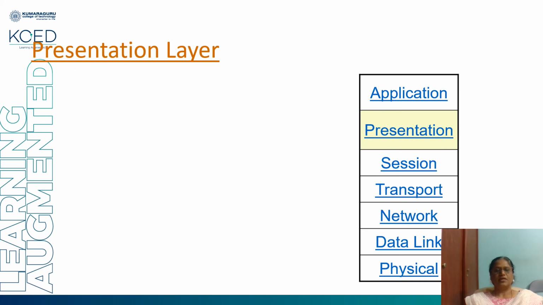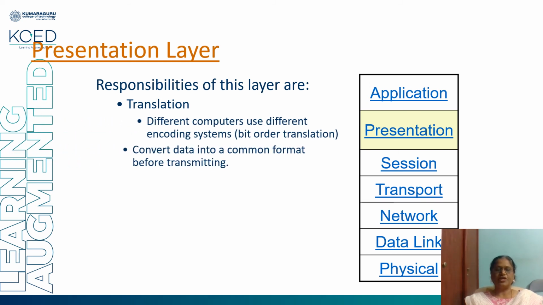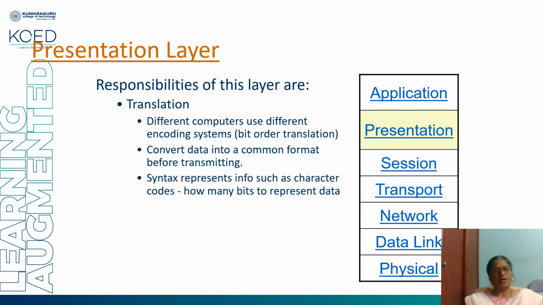Next is the presentation layer. The responsibility of the presentation layer is to deal with the difference in formatting among your display units. The sender will have a display unit or a monitor with one capability and the receiver will have a monitor of different capability.